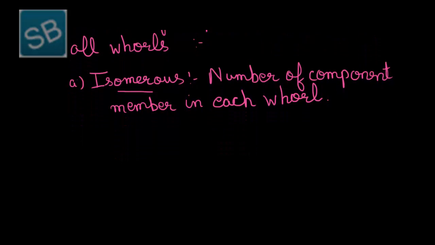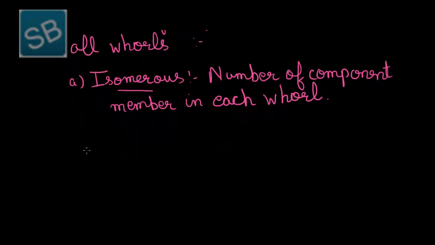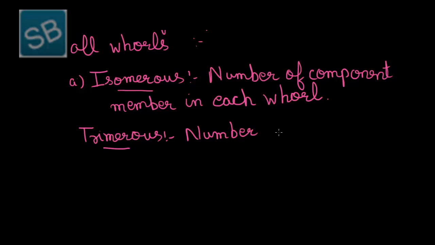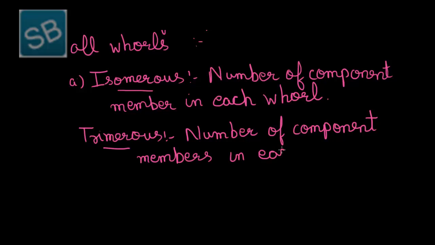On this basis, the number of component members, isomerous flowers are further of three types. First is trimerous, in which the number of component members in each whorl is 3.